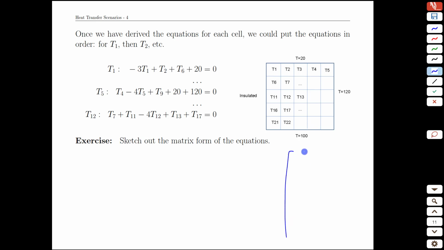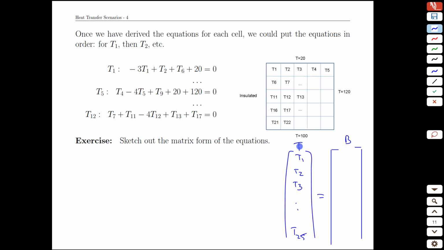Particularly, if we built a column of unknown temperatures, T1, T2, T3, all the way down to T25, and we built our B vector here, that would be B, that would be T, we could see then our big matrix here that we would call A. If we look at the balance for T1 and label that in an equation here, we would get a coefficient of negative 3 T1s.